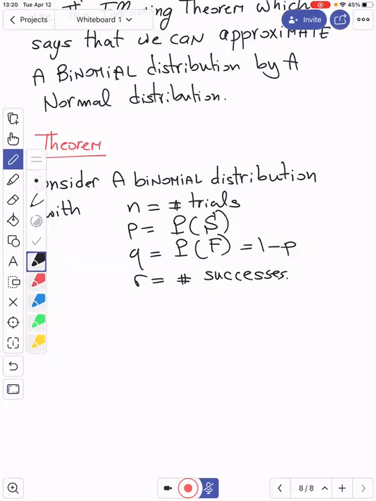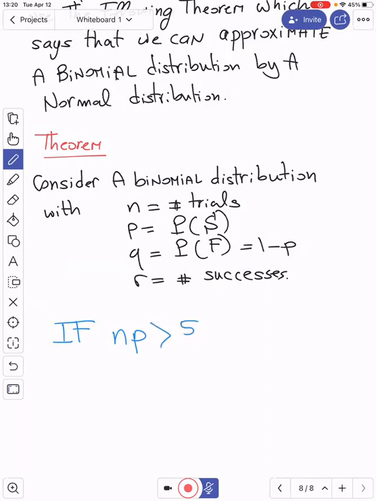If you need to approximate this binomial distribution by a normal distribution, you need N times P to be more than 5, and N times Q is also more than 5.